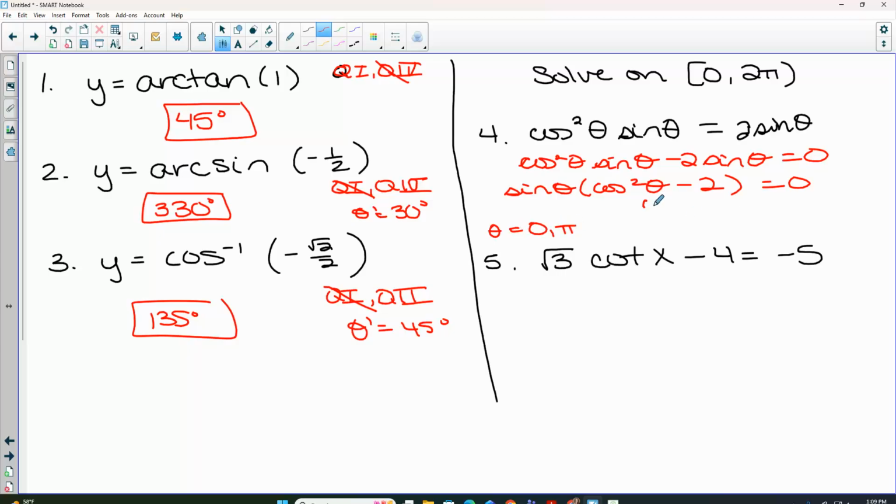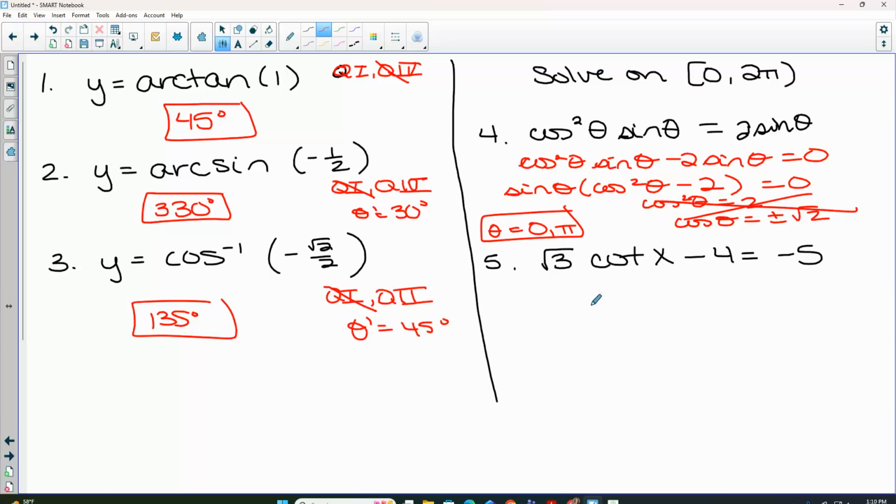Okay, this is saying cosine squared is equal to 2, which means cosine is plus and minus the square root of 2. Can that happen? No, that's bigger than 1. Cosine can only be things between -1 and 1. So 0 and pi are the only answers here.